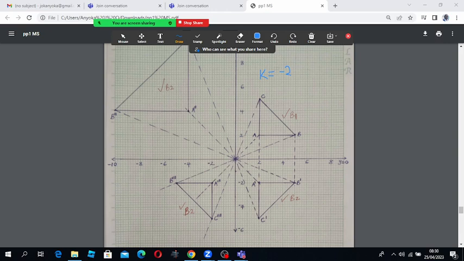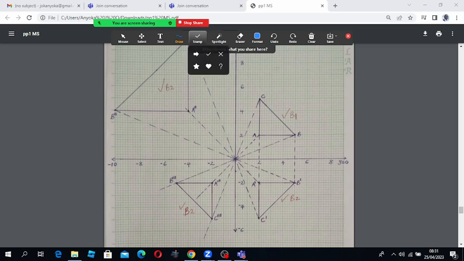When the scale factor is negative, it means that the object and the image are on either side of the center of enlargement. So the center of enlargement is 0, 0, and the image must be on the other side of the center. So we join the object, A prime, to the center and extend the line.